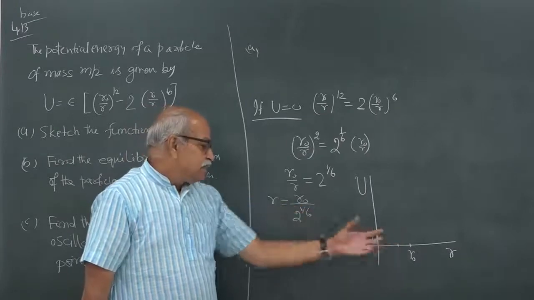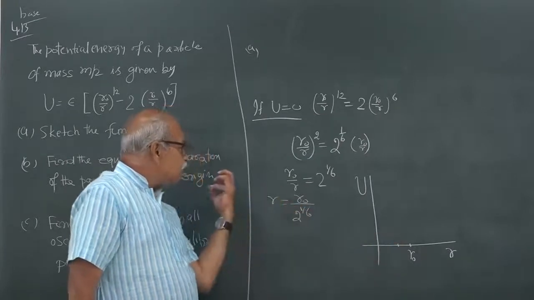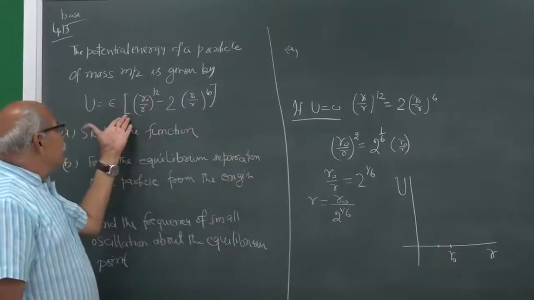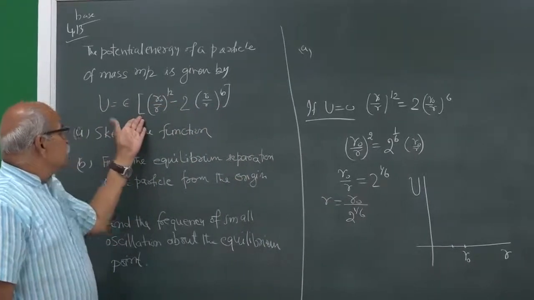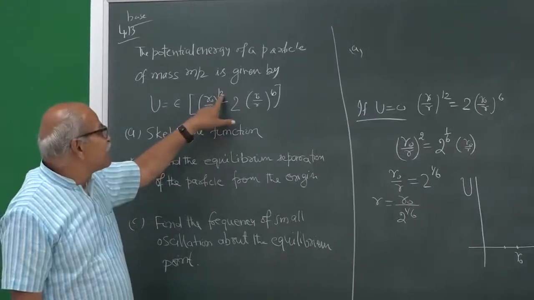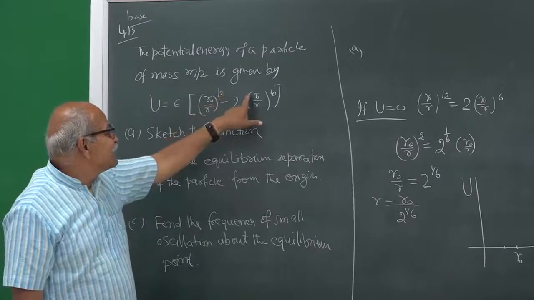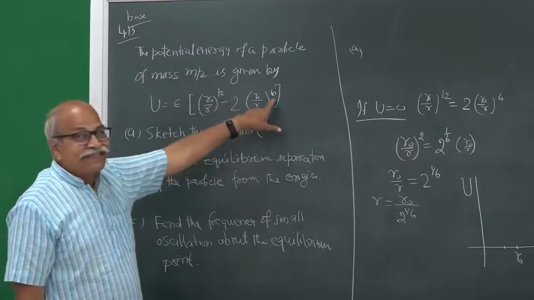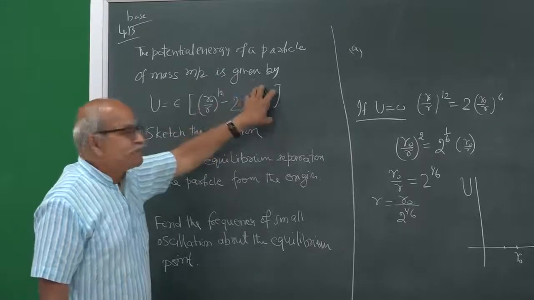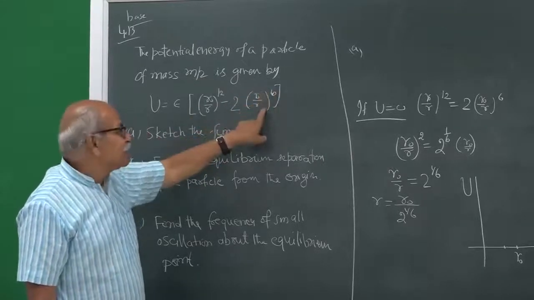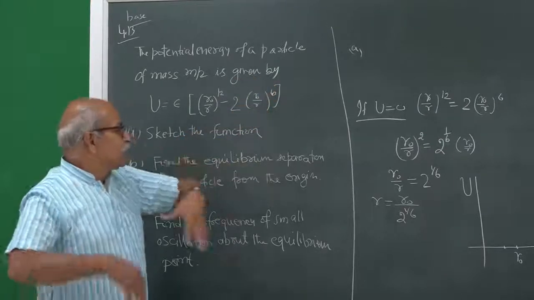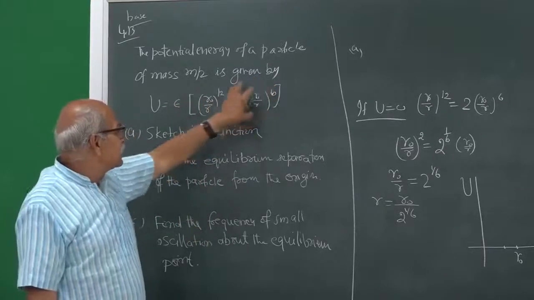Now, what happens if r is very small? You have 1 by r which is very large to the power 12, and here you have 1 by r to the power 6, which is also very large, but the first is the square of this, so it becomes much larger.